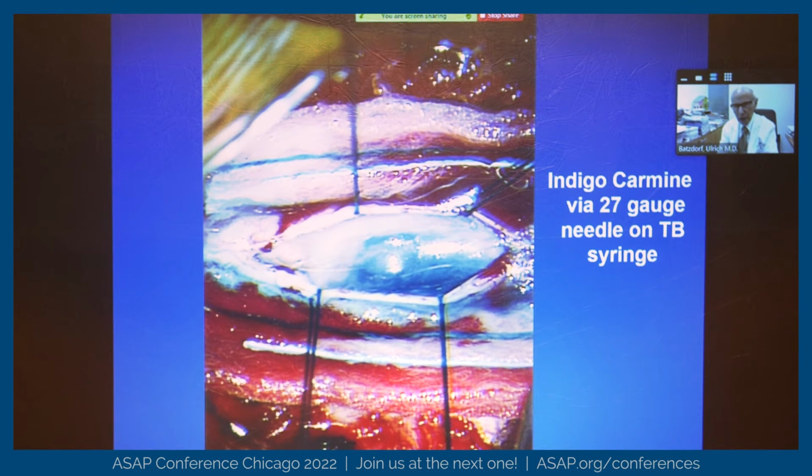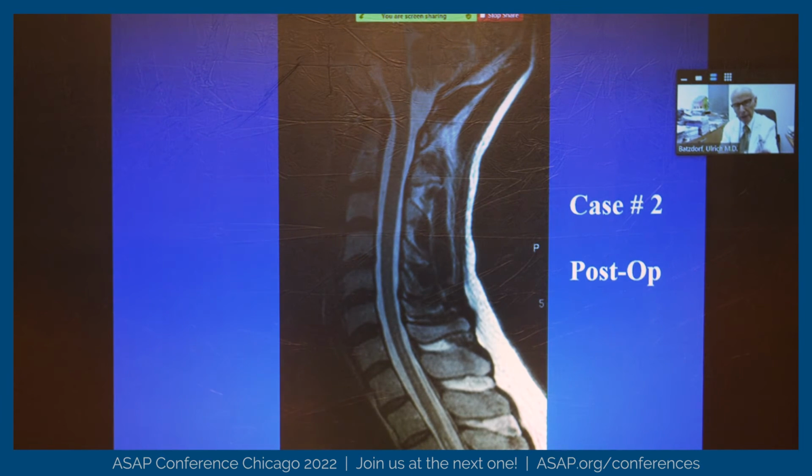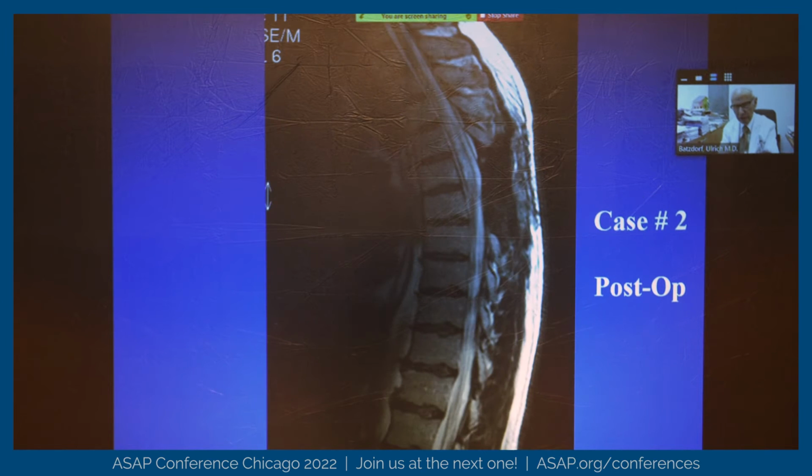Here it is with indigo carmine, no longer available, but we use something else these days, showing this arachnoid pouch within the subarachnoid space, and we removed that. And here it is postoperatively, syrinx is gone. And you can see the area of the surgery. There's just a tiny bit of fluid left just above the surgical incision site.